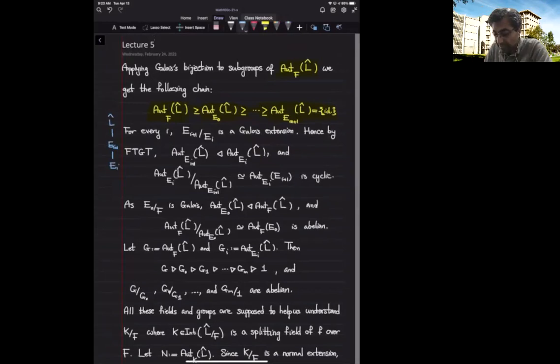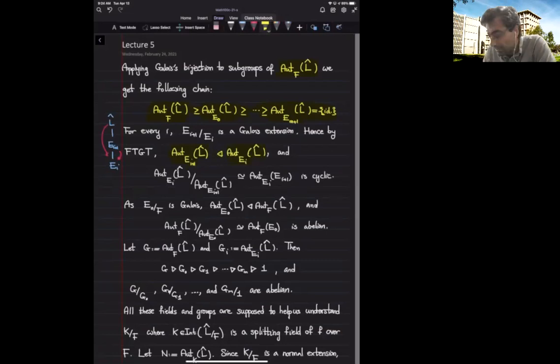Because L hat over F is Galois, L hat over this one is Galois, and because this one over this one is Galois, we can deduce that the E sub i plus 1 linear automorphisms of L hat is a normal subgroup of the E sub i linear automorphisms of L hat.